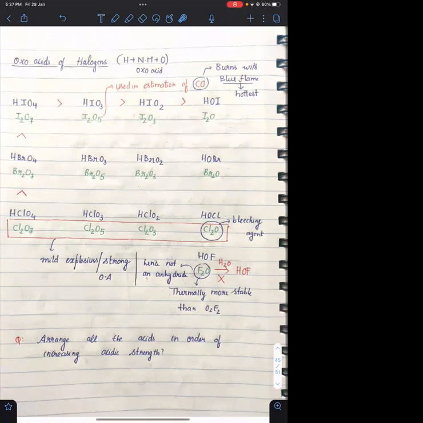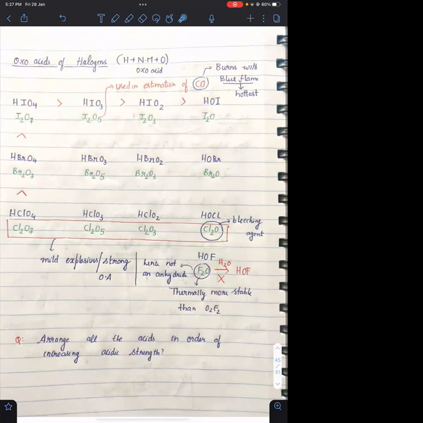HIO4 is greater than HIO3, greater than HIO2, greater than HIO. The reason is H positive हटाते ही the negative charge can be stabilized on 4 oxygens because of resonance. यहाँ पे 3 oxygens, यहाँ पे 2 oxygens, यहाँ पे एक ही oxygen. Okay, this is the order of acidic strength of different acids of the same element.